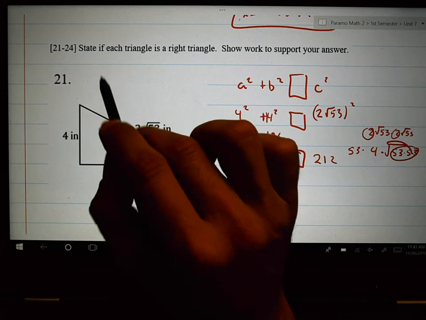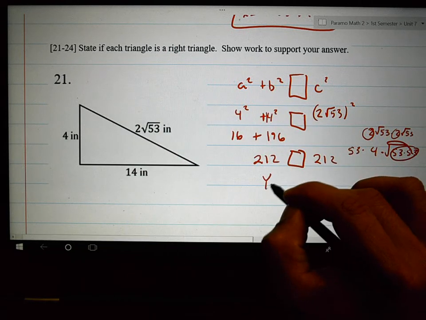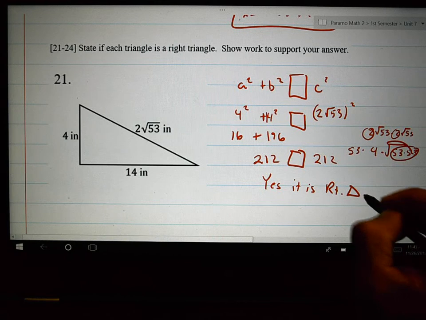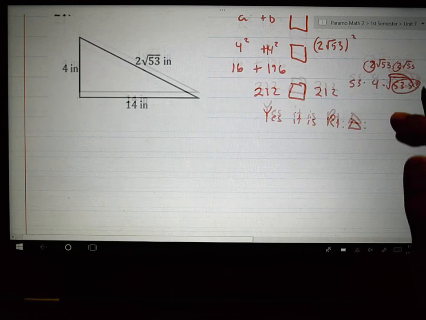That means that this is a right triangle? Yes, it is. It is a right triangle because a squared plus b squared is equal to c squared. If it wasn't, it could be obtuse, it could be acute. We were just going to say no, it is not if it wasn't. But that's where we're going to stop our notes.